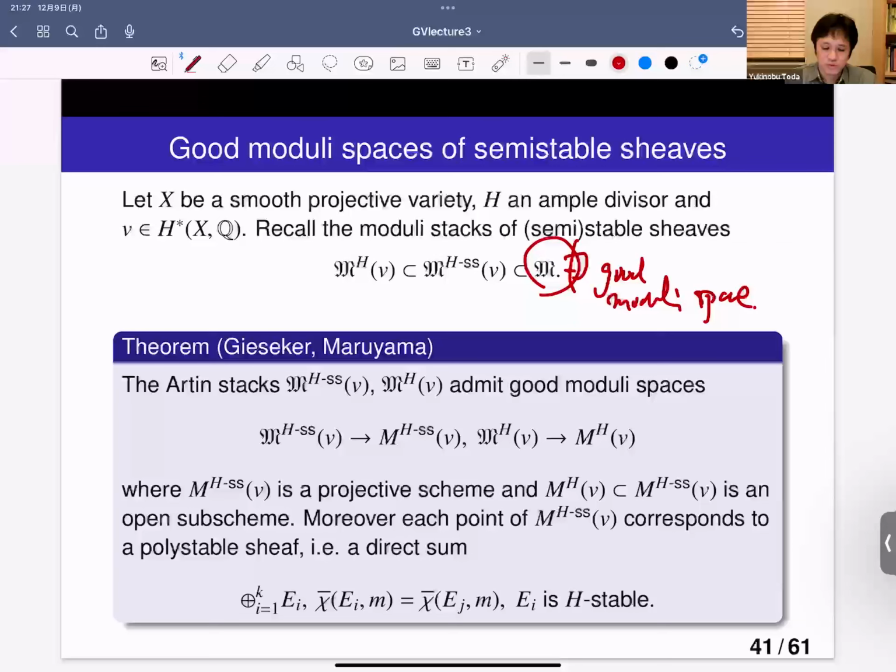That is, for each point of this moduli stack, we have the so-called Jordan-Hölder filtrations. As I said, this Jordan-Hölder filtration itself is not unique, but nevertheless its associated graded is unique. So this map is nothing but the uniquely determined associated graded of the Jordan-Hölder filtrations. The fact that the Jordan-Hölder filtration is not unique means that there are some non-trivial fibers of this map.